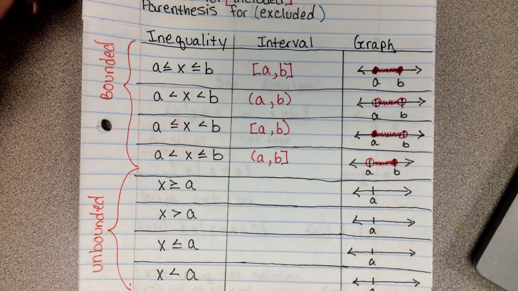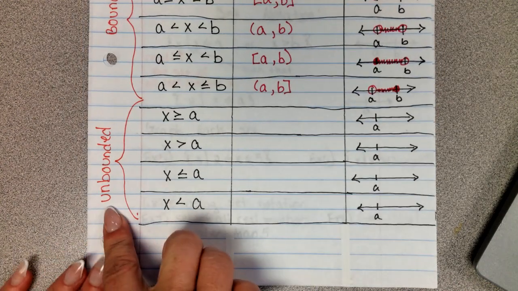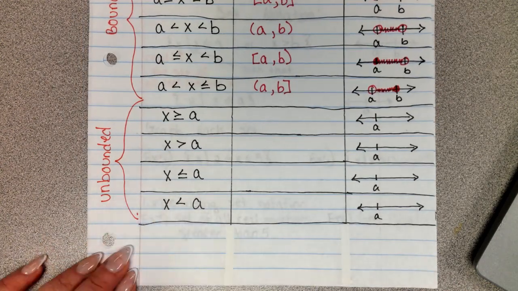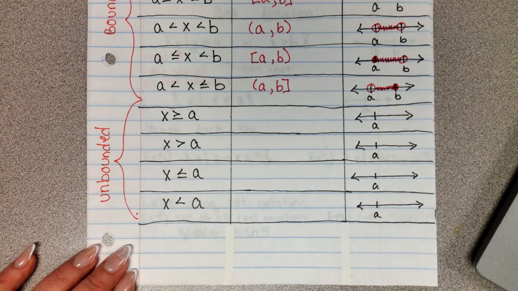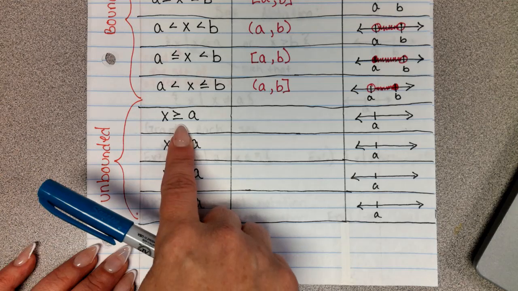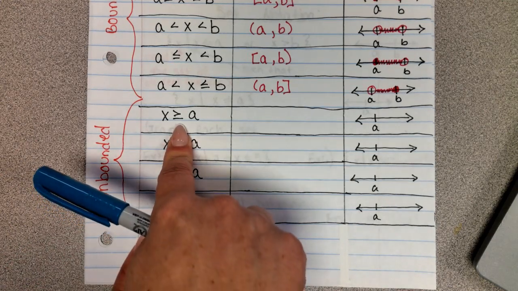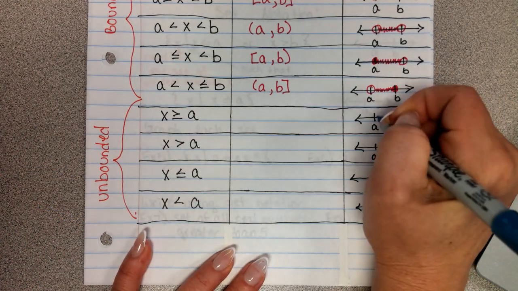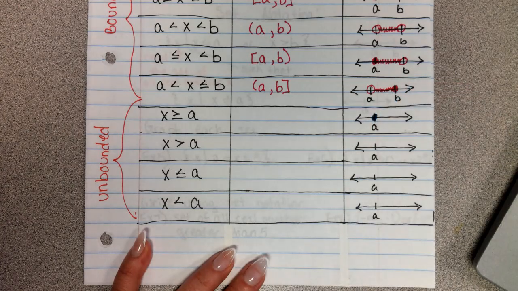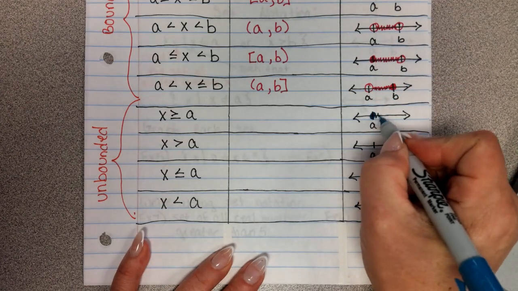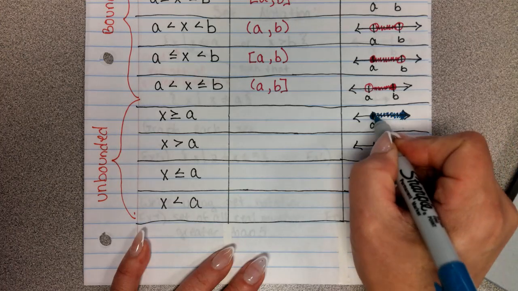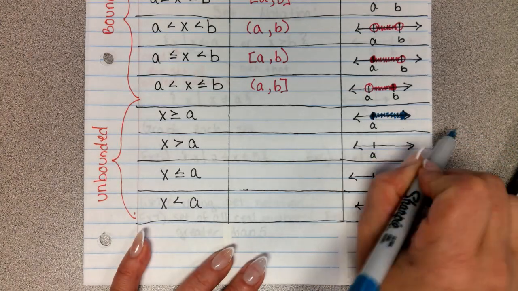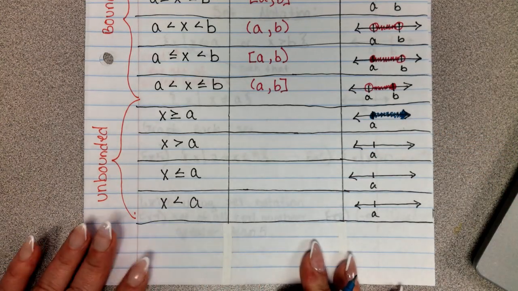It's possible for an interval to be what is referred to as unbounded, meaning it approaches infinity either to the right or to the left. So let's look at what an unbounded interval would be. Something like X is greater than or equal to A. It could include A, so I want a closed circle on A, but then it's everything possibly greater than A. So that goes all the way out to this arrow and off to the right toward infinity.